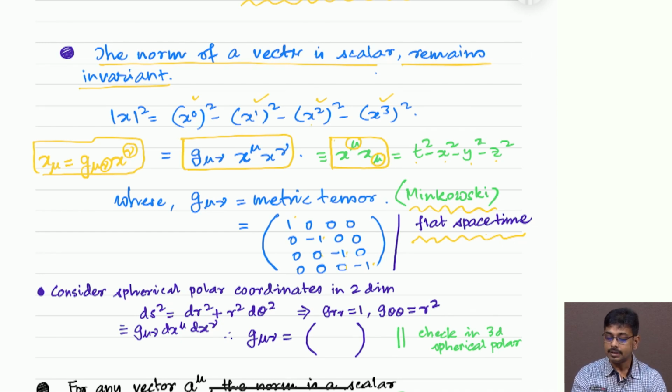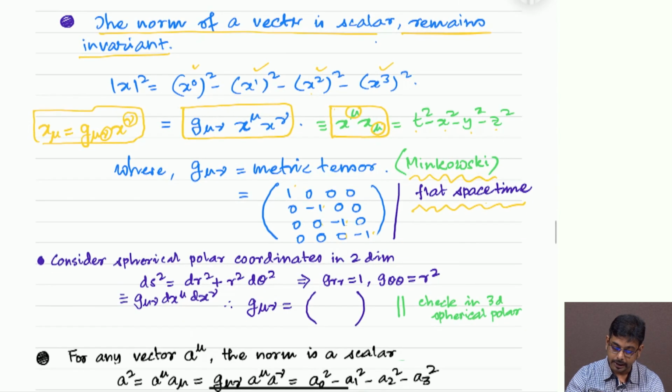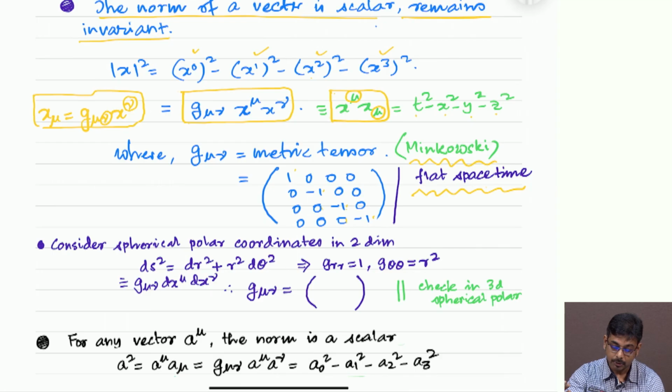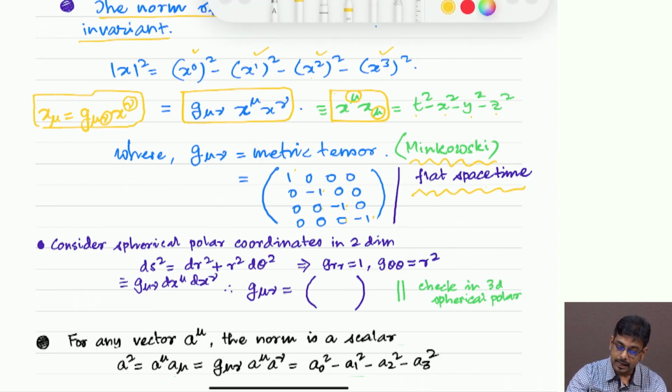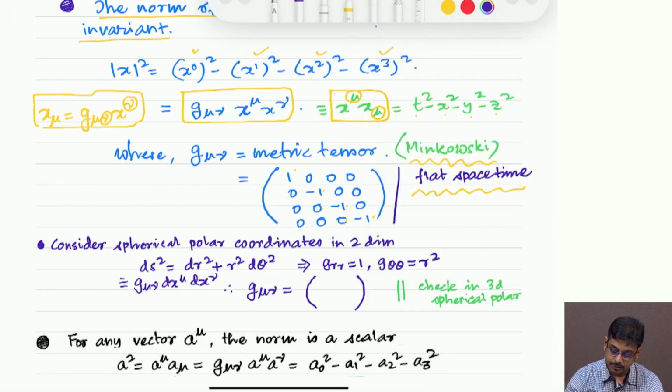Now, you can say, okay, this is in the Cartesian coordinate system. Say, for example, I want to define the motion of a particle in polar coordinates in 2 dimensions. Then how do I define this metric tensor? That is a legitimate question, right.